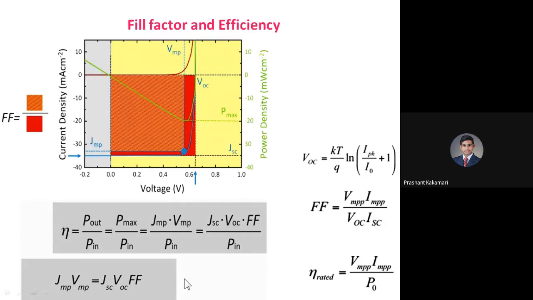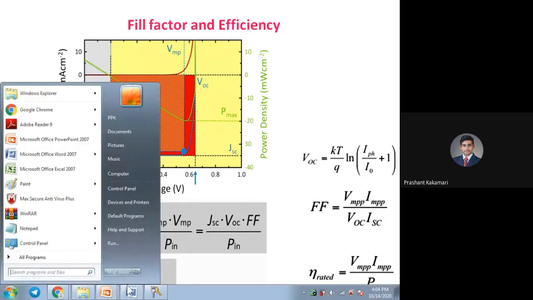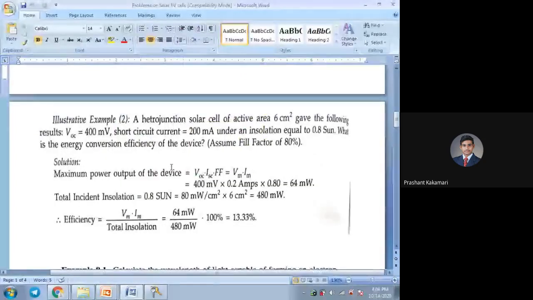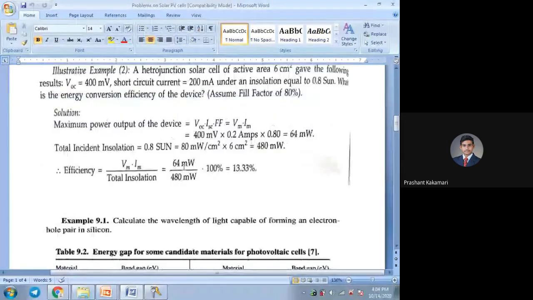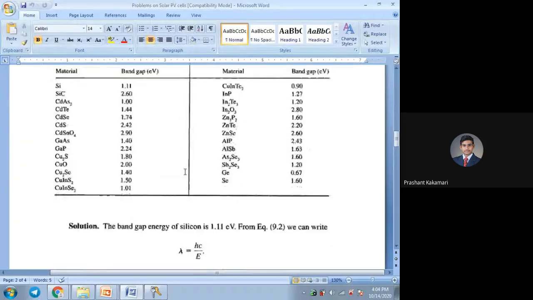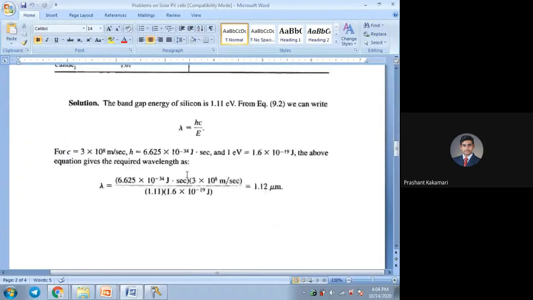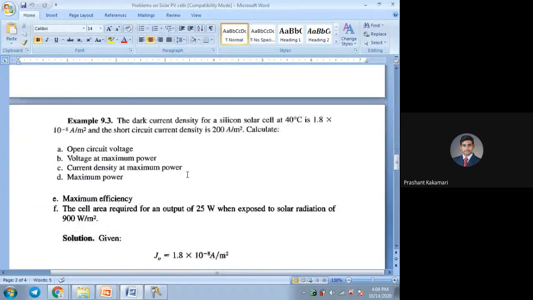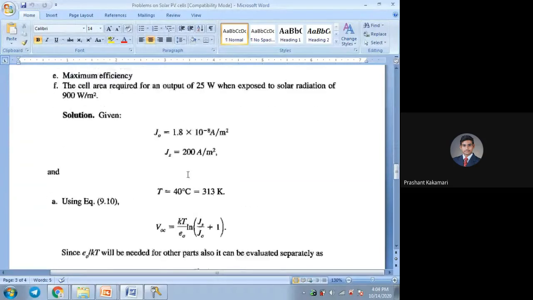So from this we took the formula and we substituted all the values given in the question. Okay, next, like this, some other problems also I have taken briefly. You can just refer to it.